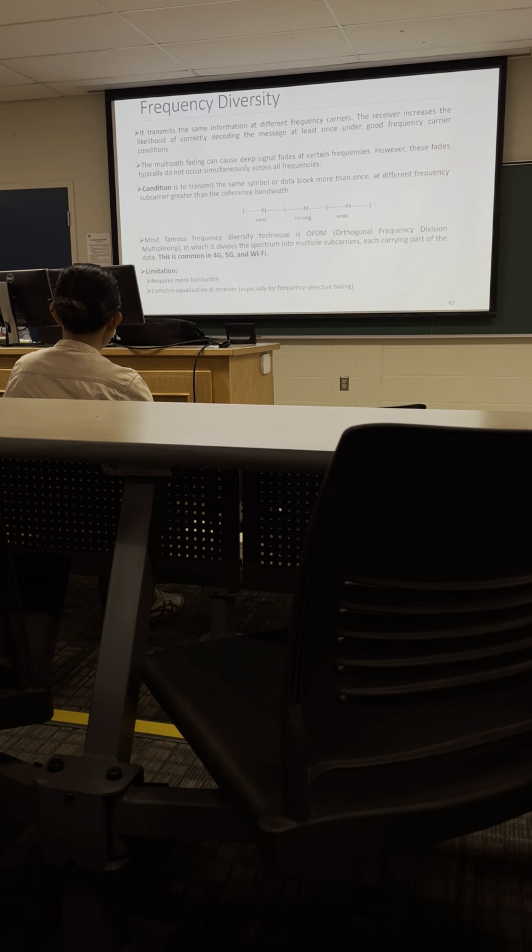The limitation of this type is that it requires more bandwidth. Compared to time, where I wait and increase the delay, here I need more bandwidth, and I told you before that bandwidth is very expensive, okay? Also it's very complex in equalization at the receiver side, because with each subcarrier you need a big circuit.